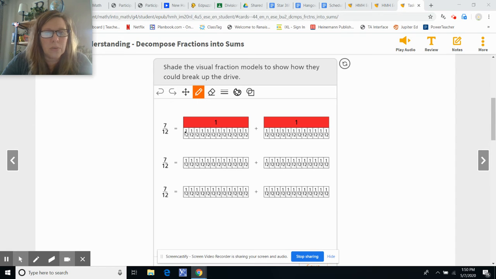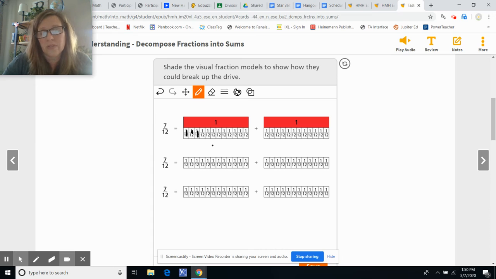We need to represent 7/12 using the first break and the second break. So let's say for the first break, we go 1, 2, 3 twelfths of the distance, and then we take a break.